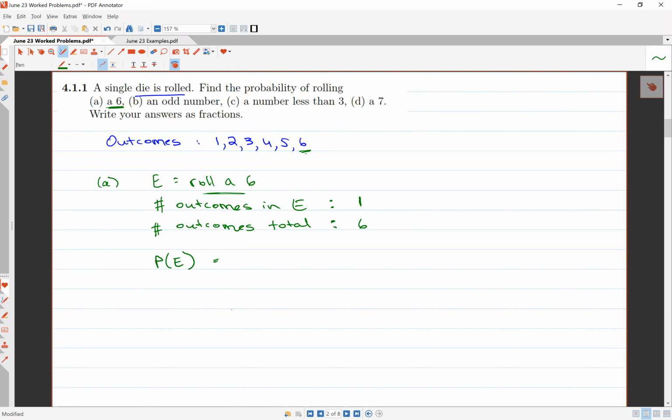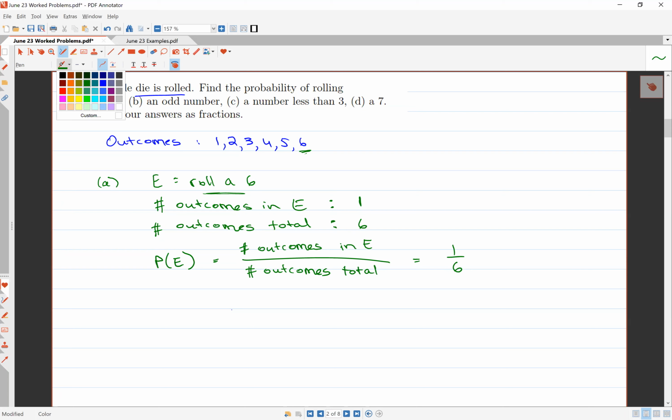So the definition of probability that we'll work with most of the time here says the probability is defined as the number of outcomes corresponding to that event divided by the number of outcomes total. And so in this case, that would be 1/6.